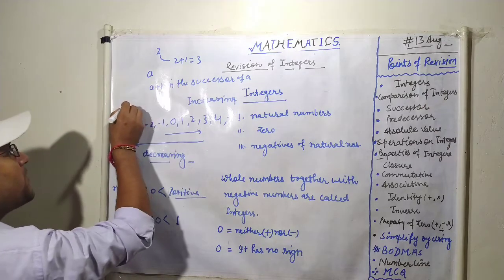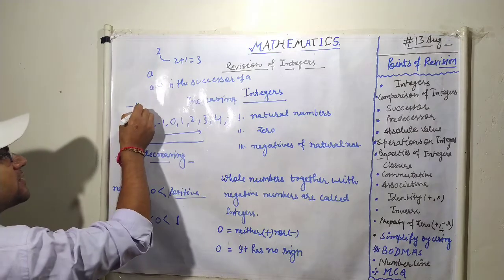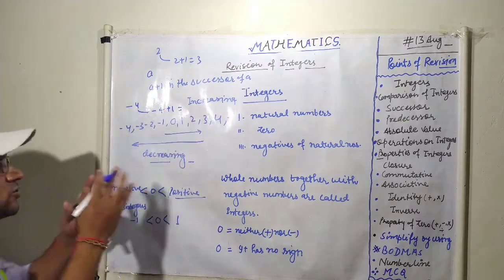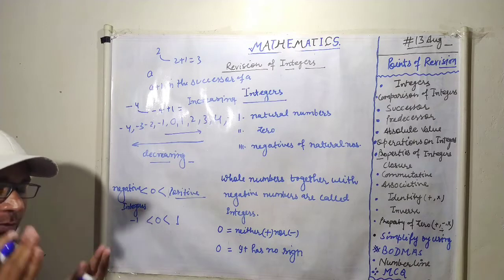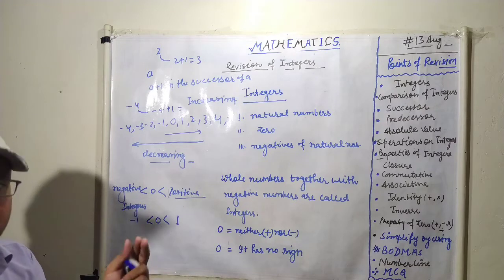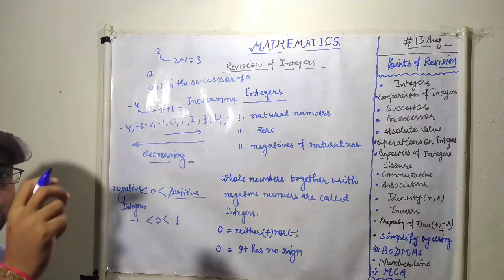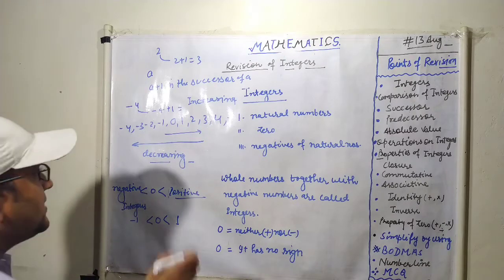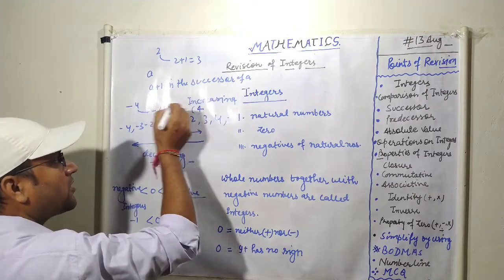What is the successor of -4? Add 1 to this one. The successor of -4 is -4 plus 1. Very important: when you are adding one negative and one positive integer, you subtract the quantities. You subtract the smaller one from the bigger one, and then you put the sign of the one whose value is greater. In this one, 4 and 1: 1 is smaller than 4.